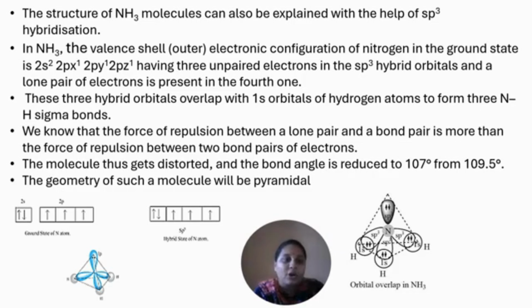These three hybrid orbitals overlap with 1s orbitals of hydrogen atoms to form three N-H sigma bonds. We know that the force of repulsion between a lone pair and a bond pair is more than the force of repulsion between two bond pairs of electrons. As a result, the molecule gets distorted and the bond angle is reduced to 107 from 109 degrees, and the geometry is pyramidal.